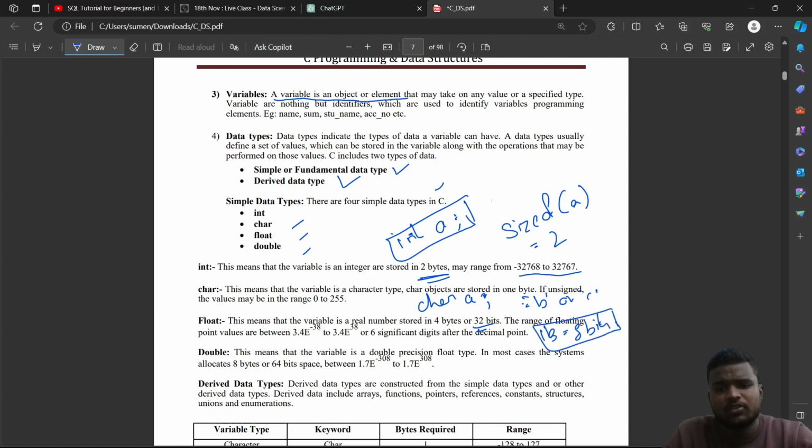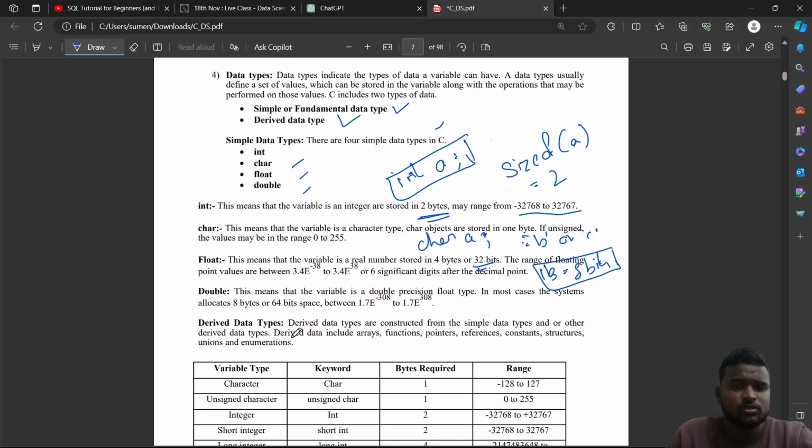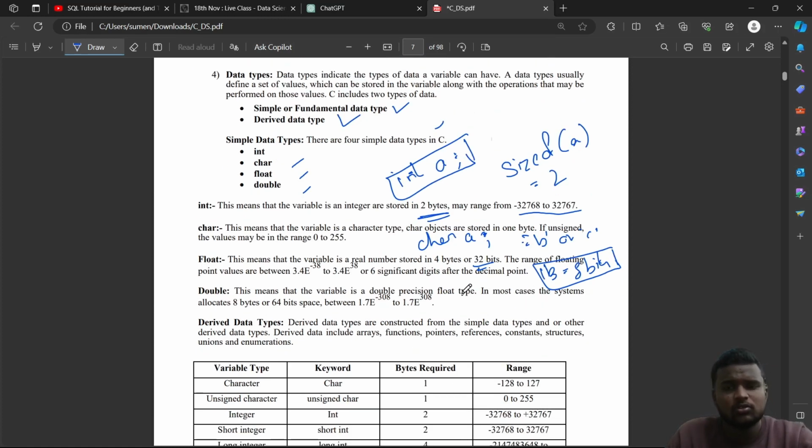Okay, this is very important. And double means that the variable is a double precision float. So here the size of the decimal number is 8 bytes, which is nothing but 64 bits. What do you mean by 64 bits? It means that in a line of bits, there will be 64 bits. That's what it means. Like 0, 1, 0, 0, 0, 0, and so on up to 64 bits.